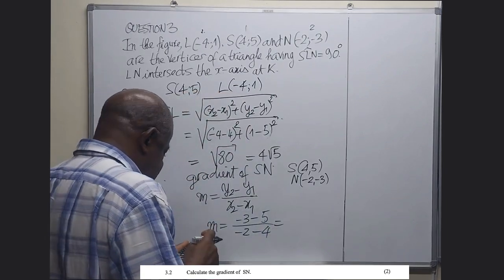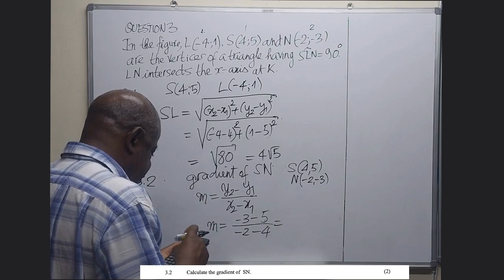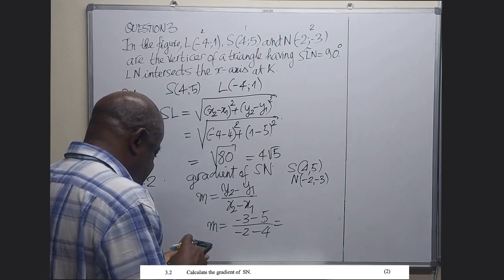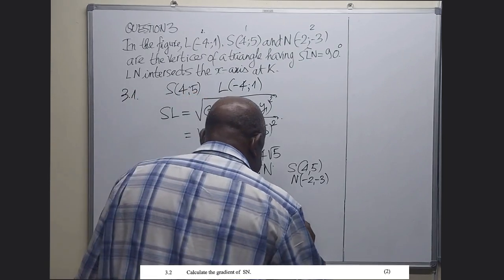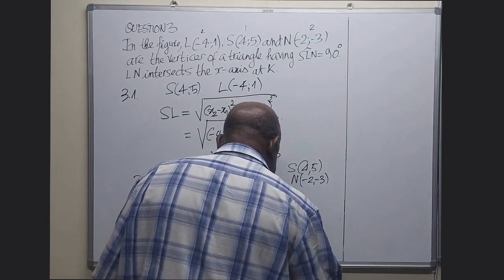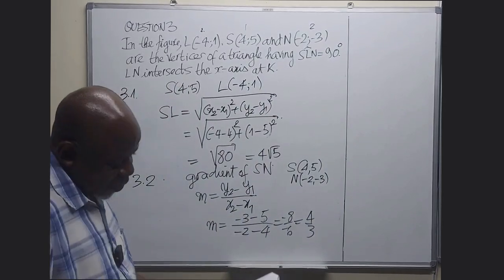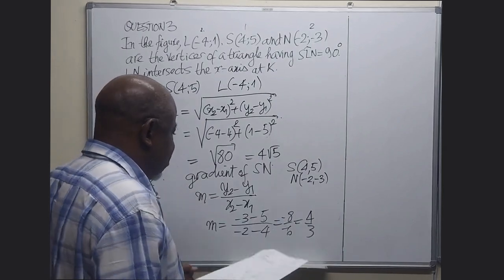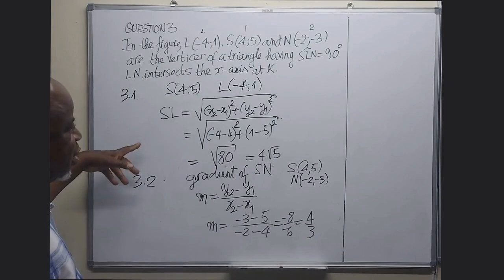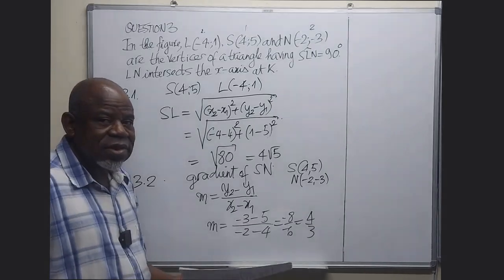So we'll be getting -8 over -6, and then we get 4 over 3. So the gradient of the line SN is going to be equal to 4 over 3. We're done with this question, and we're going to clean the board and then go to the next question, that is going to be 3.3.